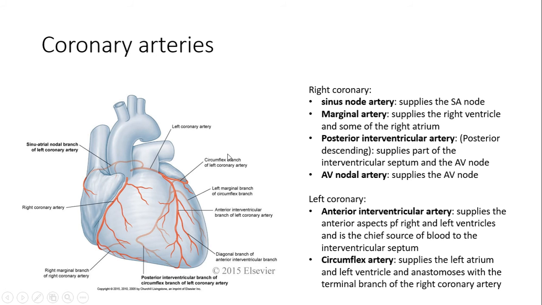All right, now with the coronary arteries, I'm going to talk about the blood supply, and it's extremely important how this works. So let's start with the right, and then we'll work our way to the left.